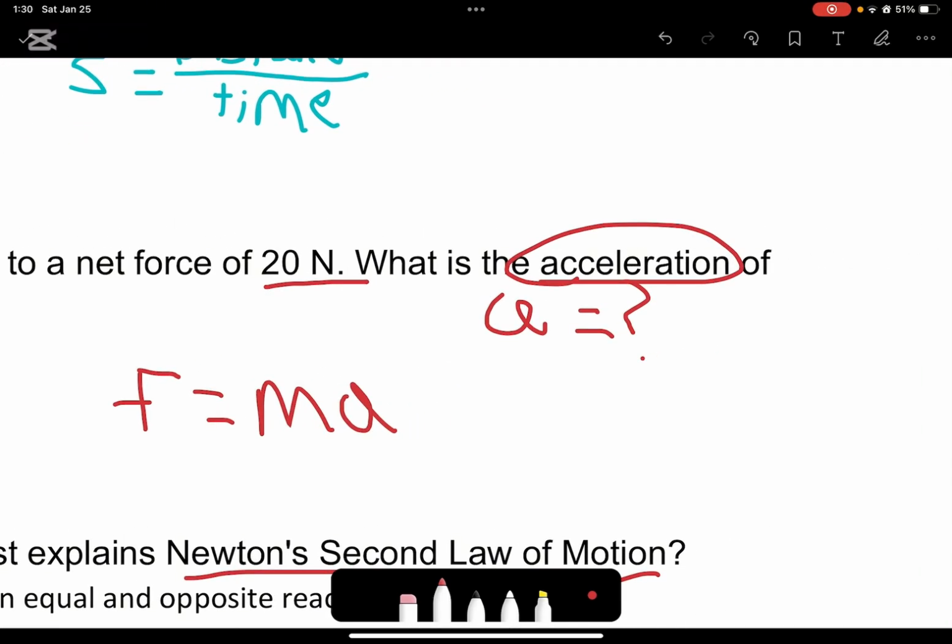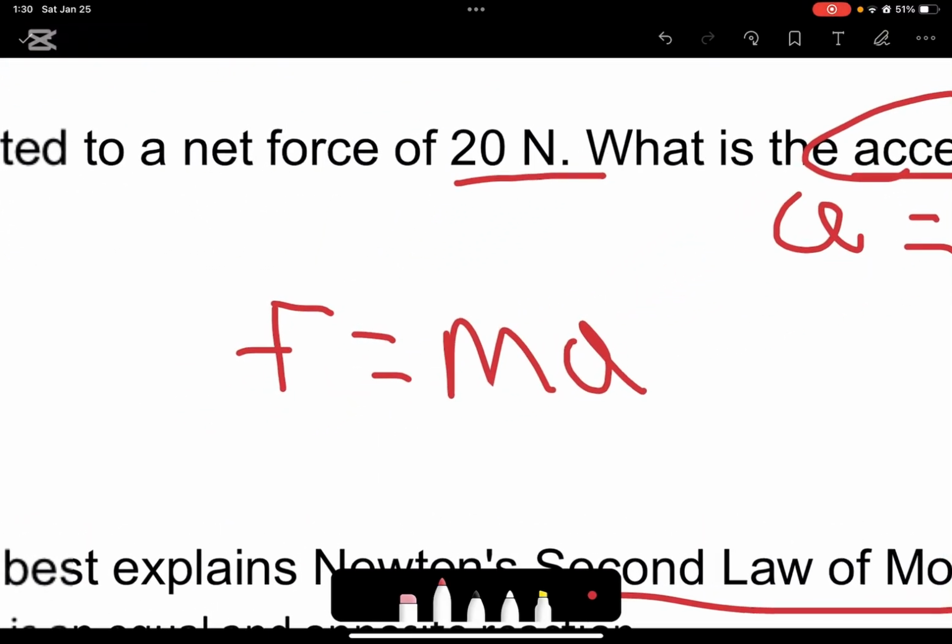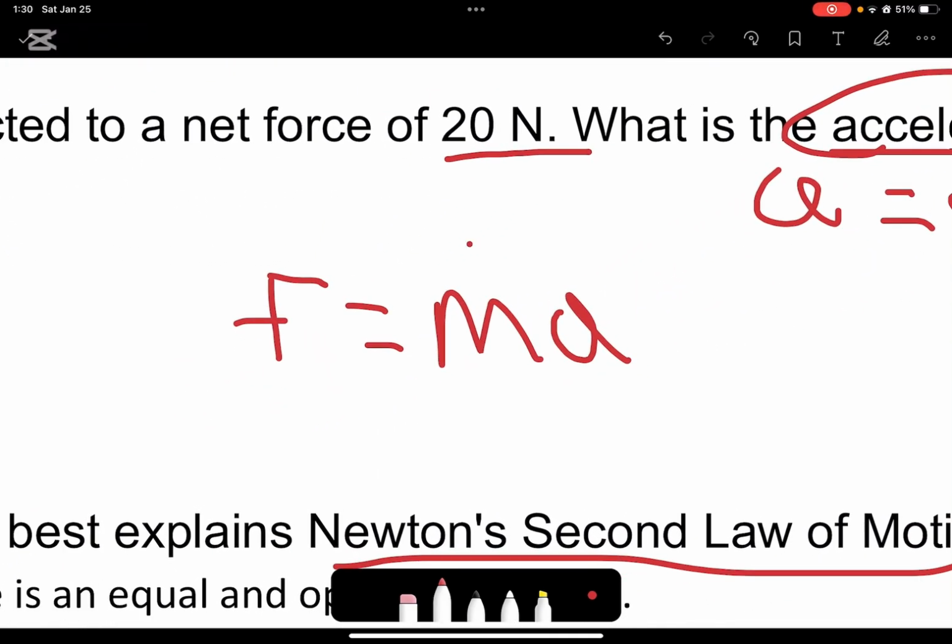Since we don't have acceleration, we can use this formula, but in another way. We have mass as 5 and force as 20, and this one is unknown.